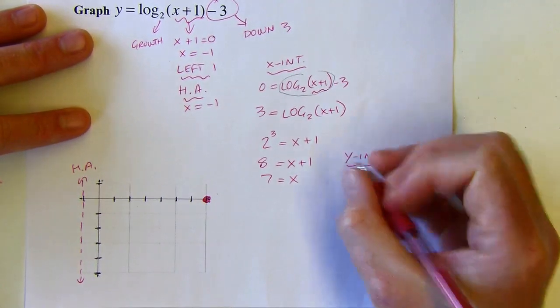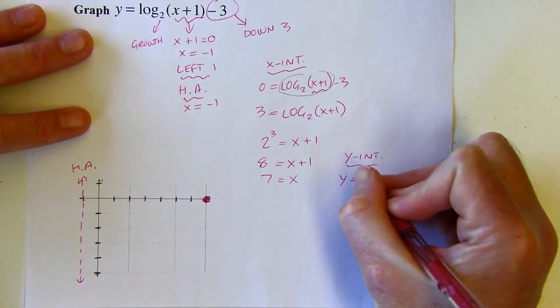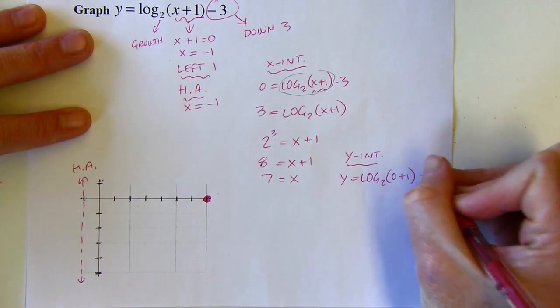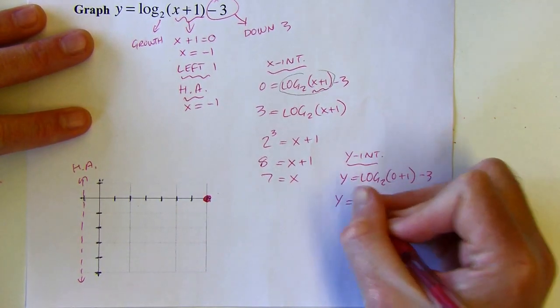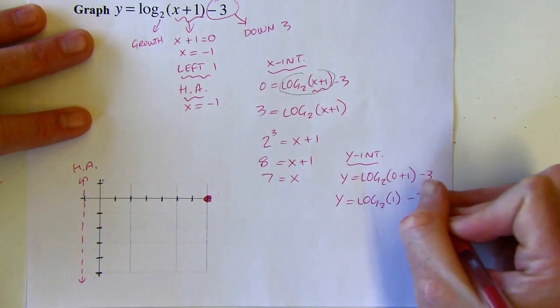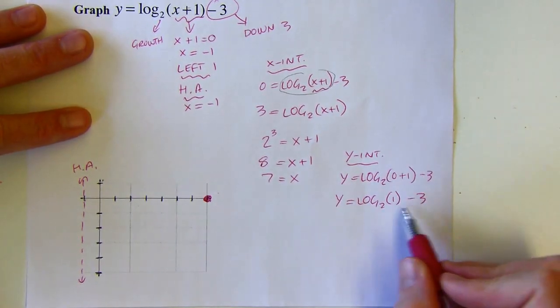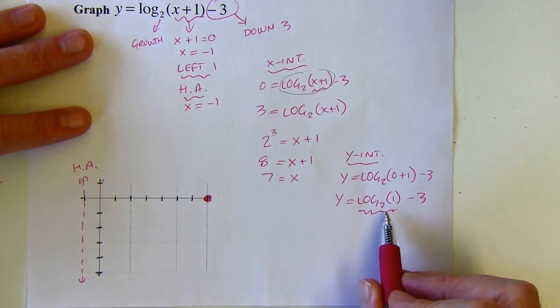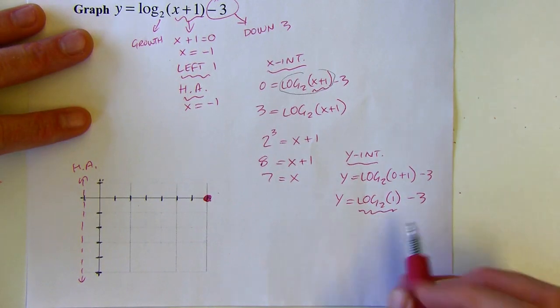I'm going to plug in 0 for x into the original equation. Okay, and the parentheses are really important. Again, don't simplify that to log base 2 of negative 2. It's not the same thing. What I want to do is simplify this in my calculator. When I get the answer, I'll subtract 3 from it.